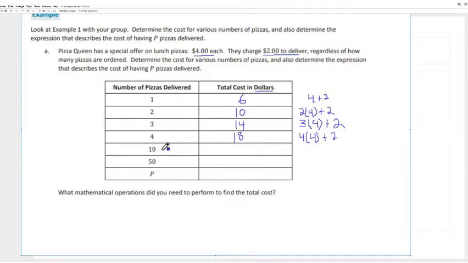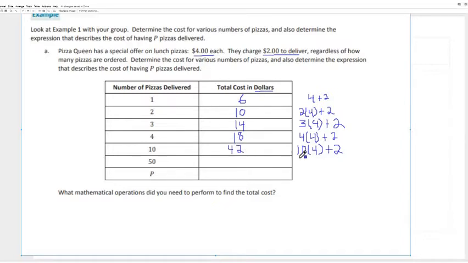Now it jumps from 4 to 10. Well, if we continue with our expressions, if I have 10 pizzas times 4, and I'm going to add 2 to it, because once again, they don't care how many I buy. They're just going to add $2 for delivery. 10 times 4 is 40, plus 2 is 42. Using that expression so far, it looks pretty good.